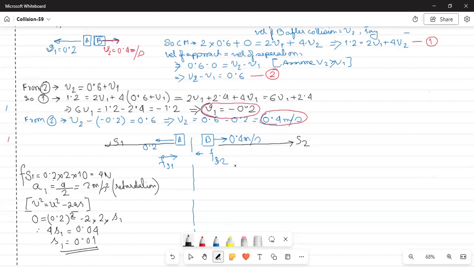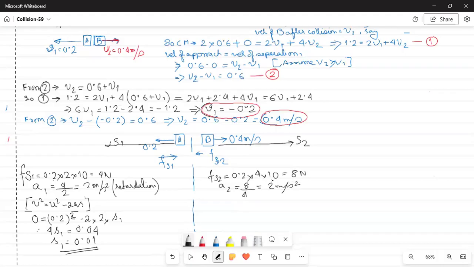Similarly, we can find out S2. Here, the frictional force Fs2 is mu 0.2 into its weight, for its mass 4 kg into g, which is 8 Newton. So its acceleration a2, once again a negative acceleration, is equal to force 8 Newton divided by its mass 4, which is 2 meter per second square.